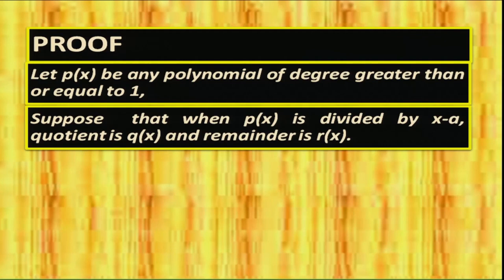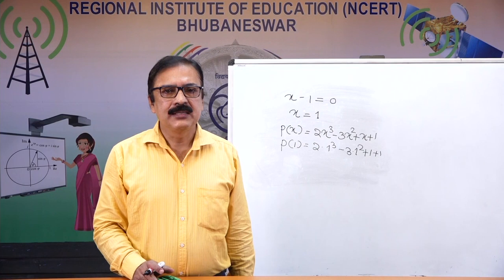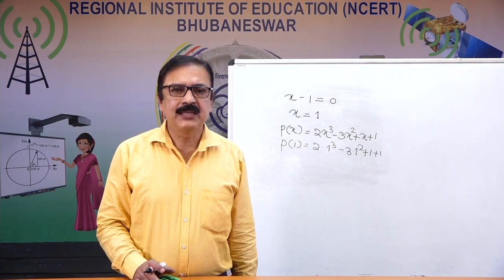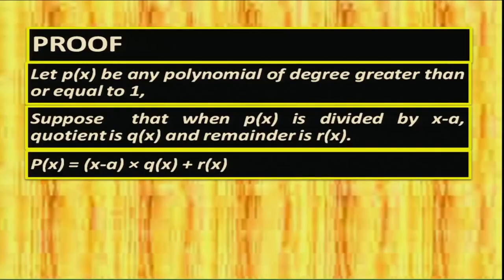So if Px is divided by x minus a, then we must have some quotient, let it be qx, and the remainder may be say rx. So in that case, we can write Px is equal to x minus a into qx plus rx.